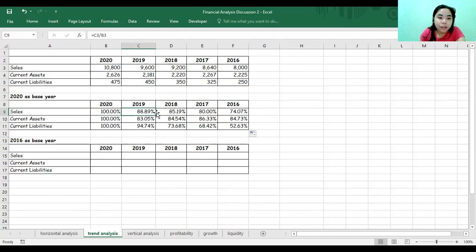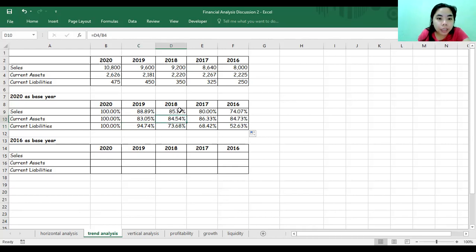So there is an increase of 11.11% when it comes to sales, and almost I think it's 16.95% for the current liabilities, and I think it's 4.36. Yes, 4.36 increase for our liability from 2019 to 2020.